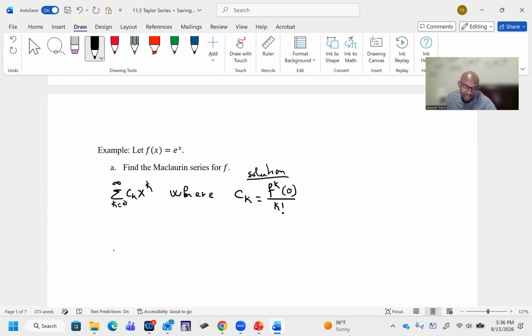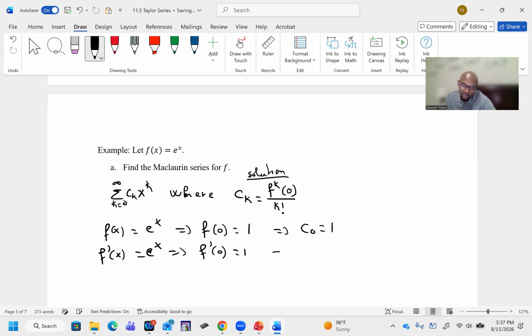Since f of x is e to the power of x, we know all the derivatives would still be e to the power of x. So we'll always have the same thing except the k factorial. So f of 0 is 1, so that means c0 is equal to 1. f prime of x is e to the power of x, so f prime of 0 would be 1, which also means c1, which is 1 divided by 1 factorial, would also be 1.